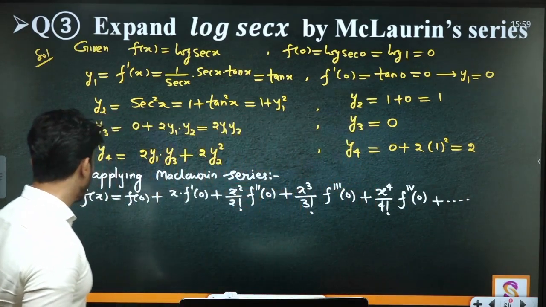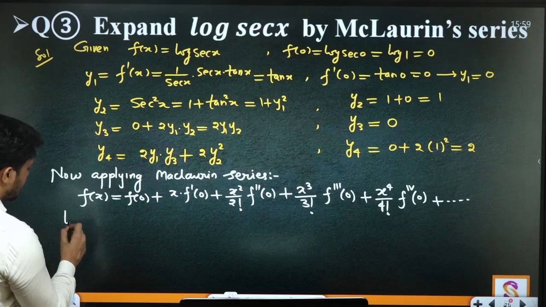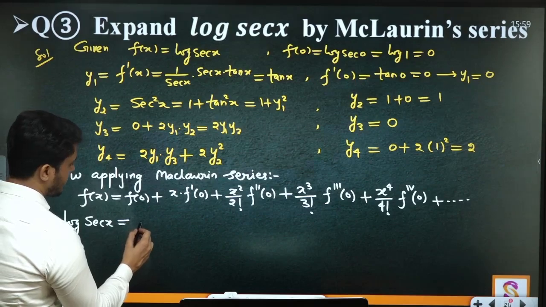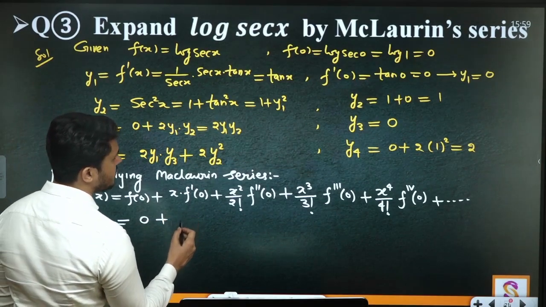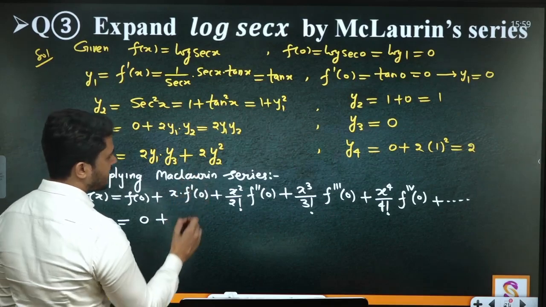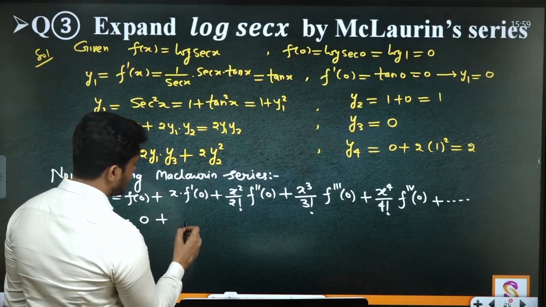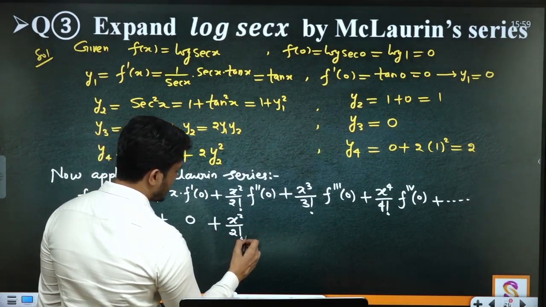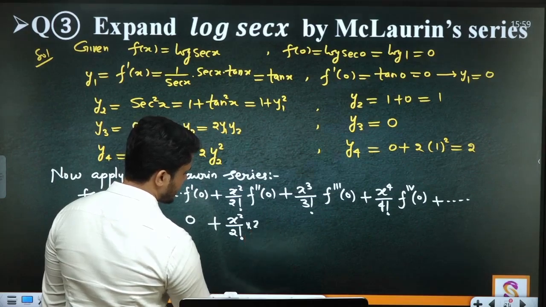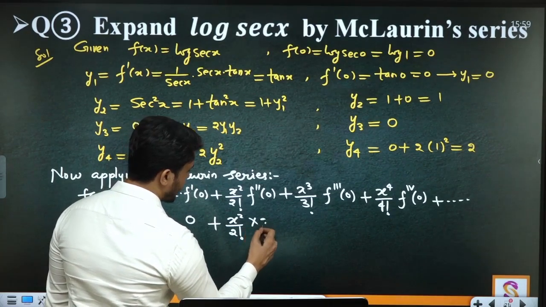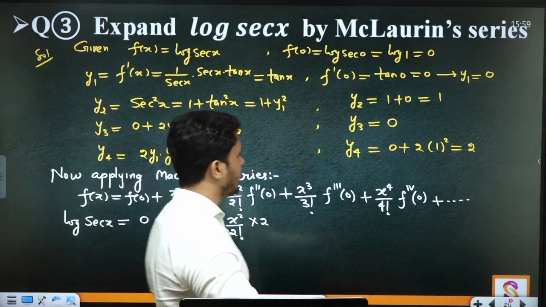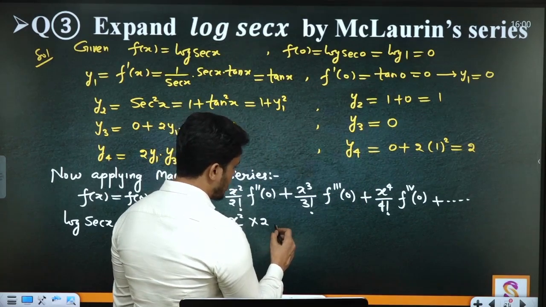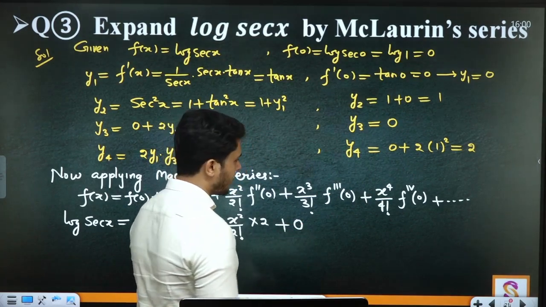Okay, now in this way log sec x. f(0) means y1(0), x f dash 0 means y1, which is again 0. y2, x square upon 2 factorial into 2 times, and x cube upon 3 factorial y3. f triple dash means y3, how much will it be? It will be 0. So the third term will be 0.